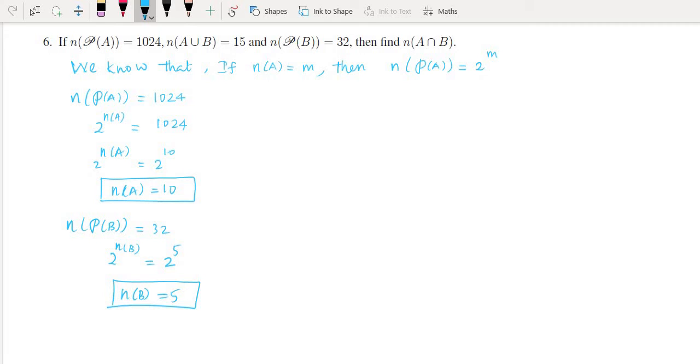And one more thing is given in the question, n of A union B is equal to 15.